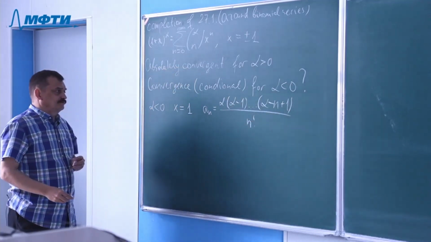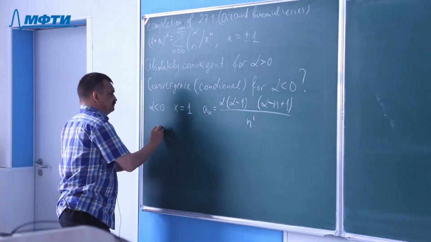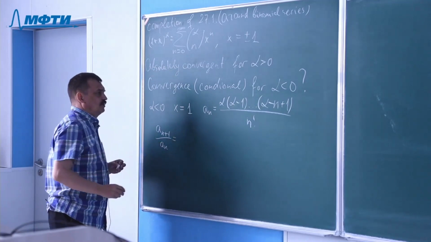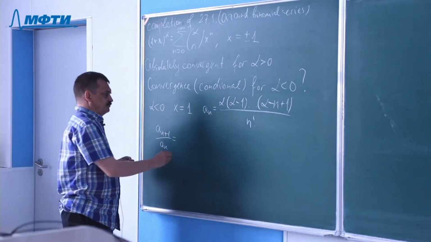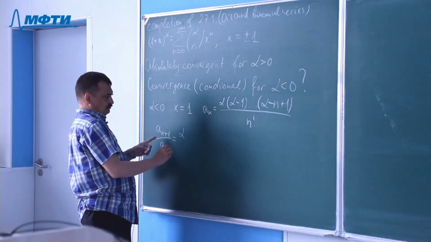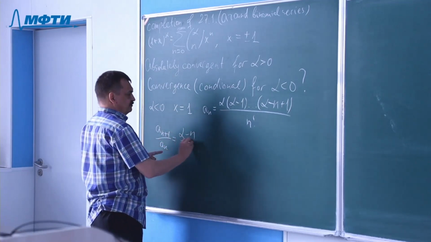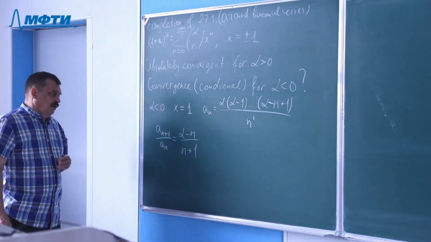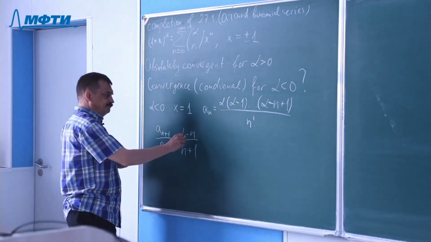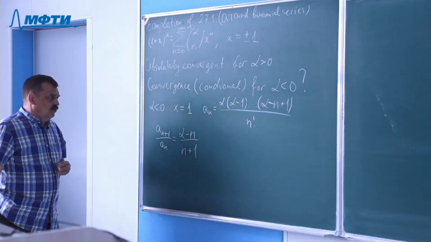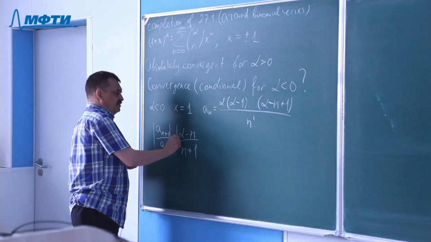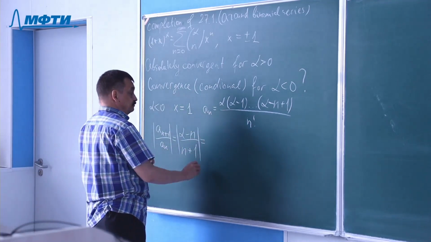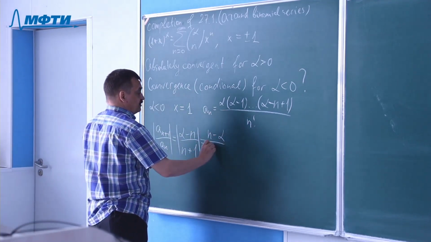And we studied the ratio, which is equal to alpha minus n over n plus 1. And the modulus of this expression is equal to n minus alpha over n plus 1.